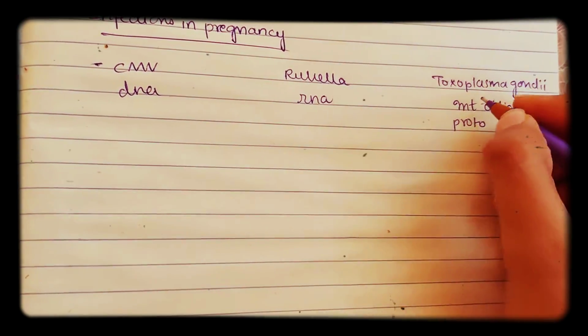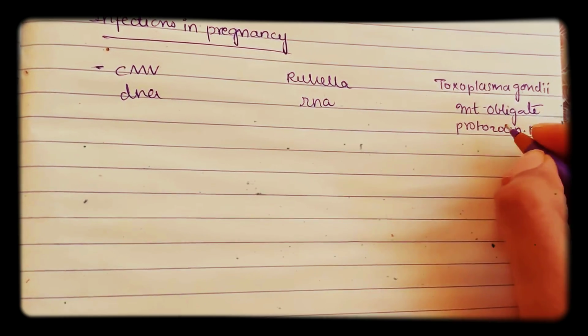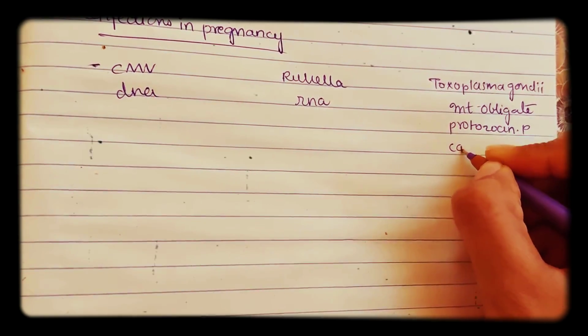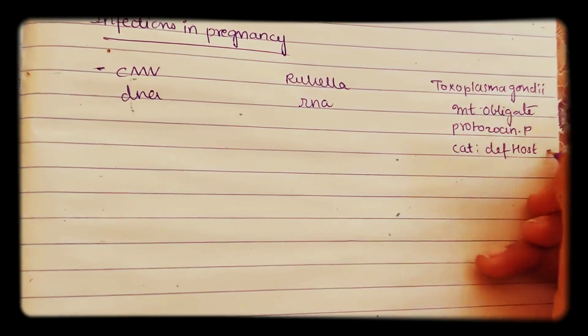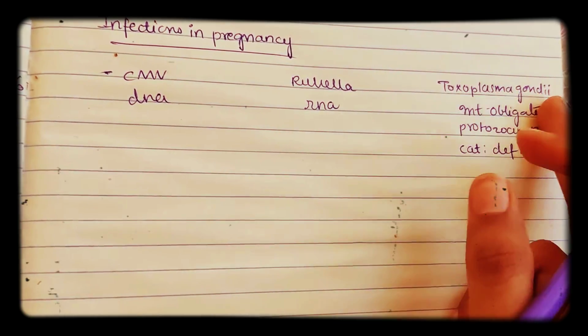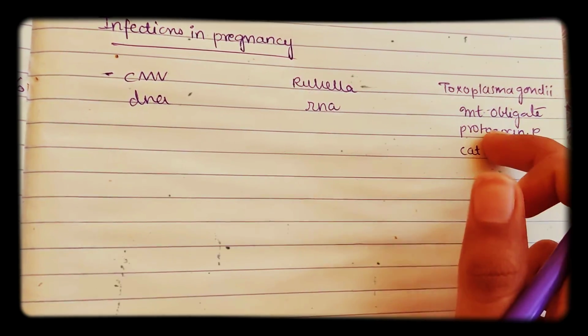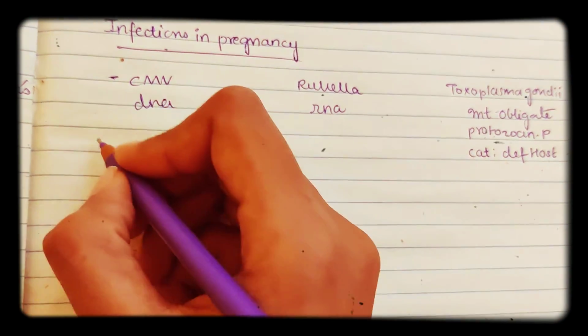Coming to its definitive host, cat is the definitive host here. This is very important to remember. So CMV is a DNA virus, rubella is an RNA virus, Toxoplasma gondii is an intracellular obligate protozoan parasite, definitive host is cat.